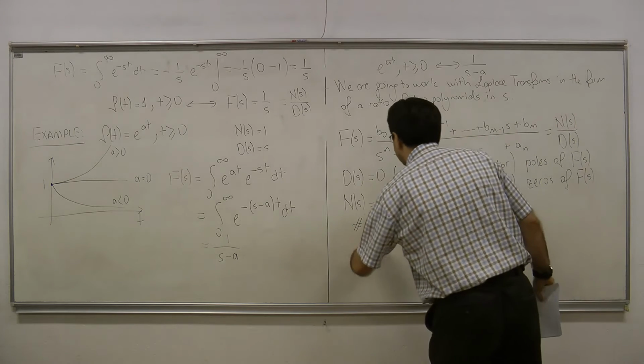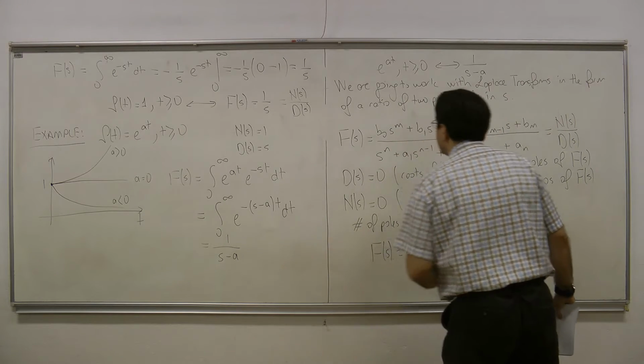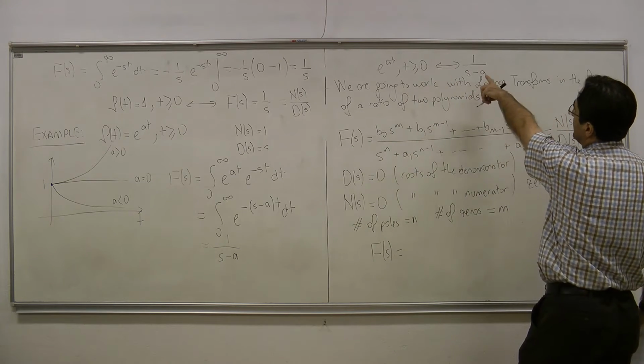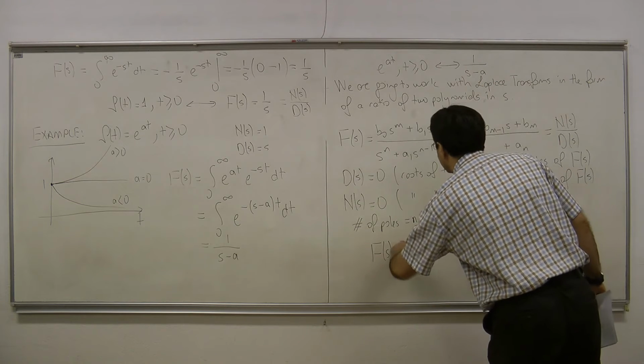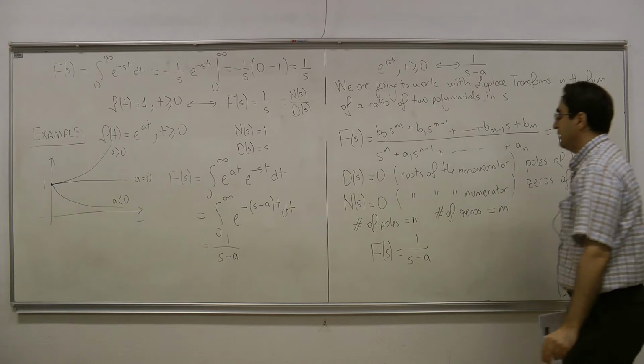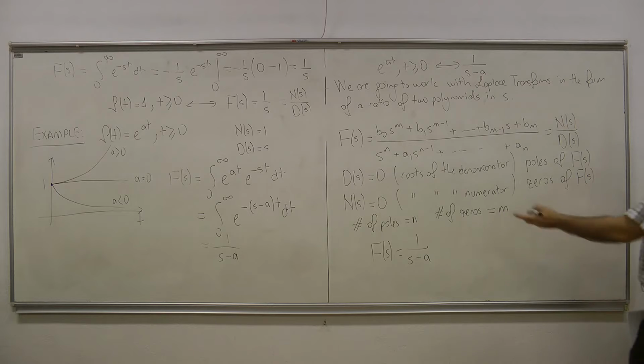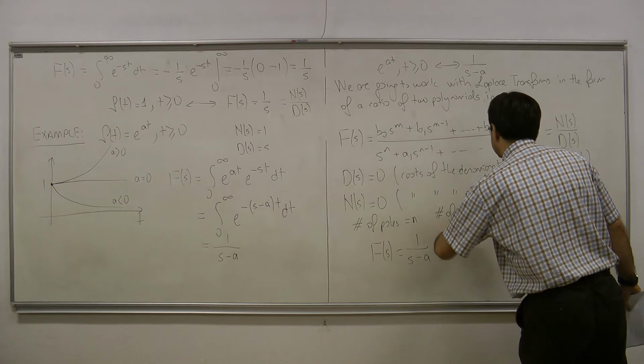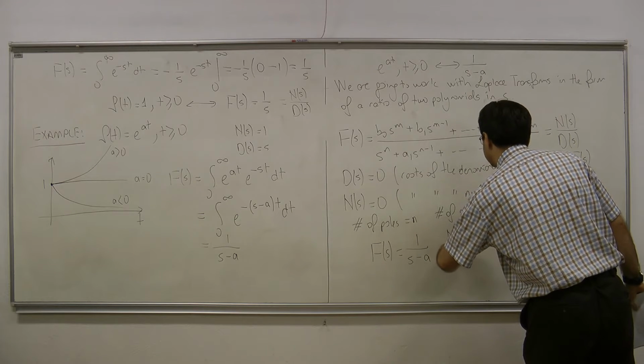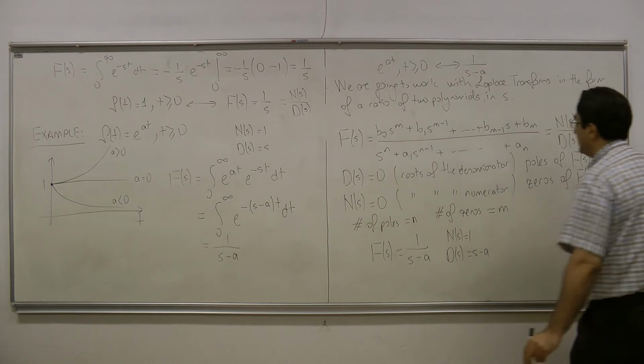So when I look at an example here, f of s, I have just calculated this f of s, 1 over s minus a, then n of s is equal to 1 and d of s is equal to s minus a.